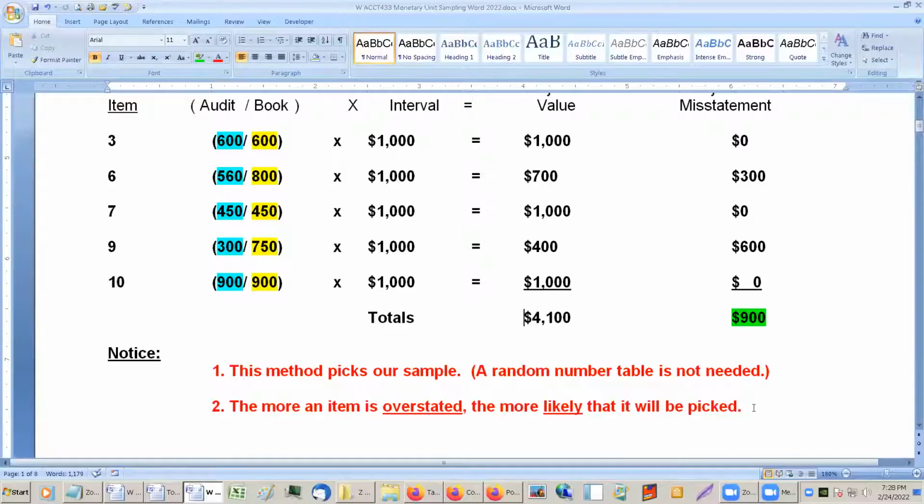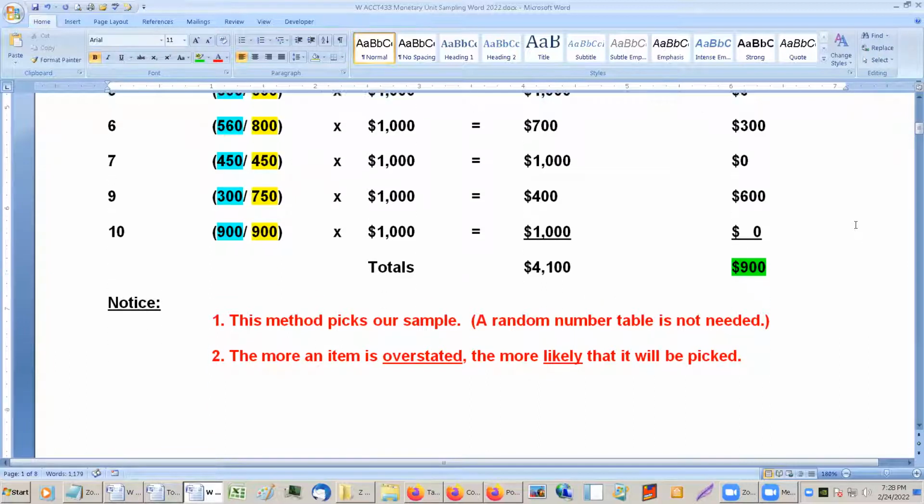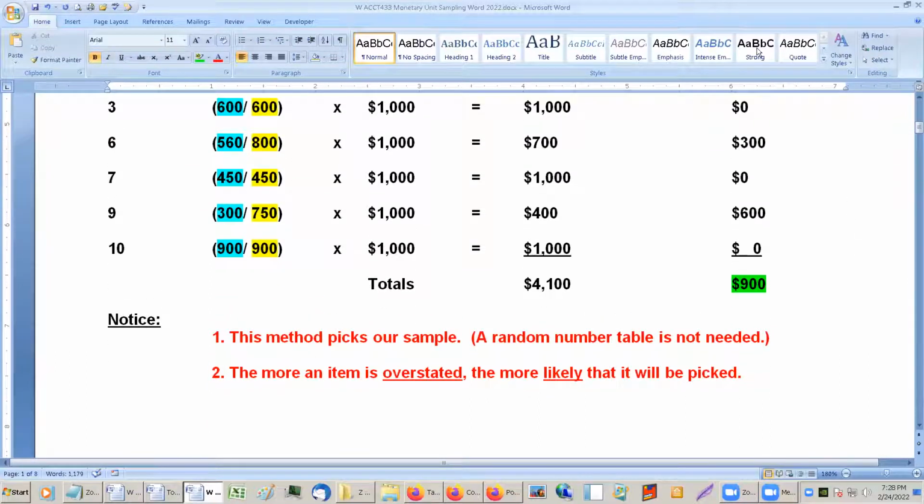Or more. If it does cross 2 intervals, do you list it as both of the items? Yes, we actually have a special thing that we do with that. If it crosses 2 intervals, it would count as 2 items being picked, and you just leave it at that.